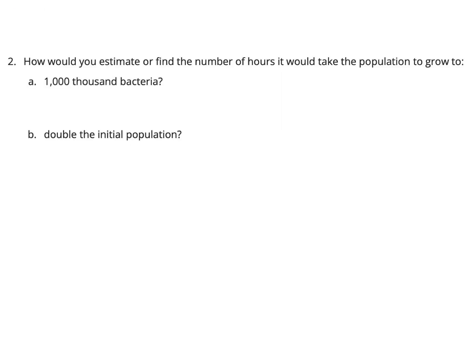How would you estimate or find the number of hours it would take the population to grow to 1,000 bacteria, double the initial population? So it doubles in 1 hour. So that's what, no, double, not, oh, I'm sorry, triple. It triples every 1 hour, not doubles. It triples every 1 hour.